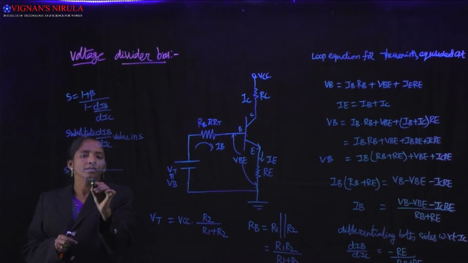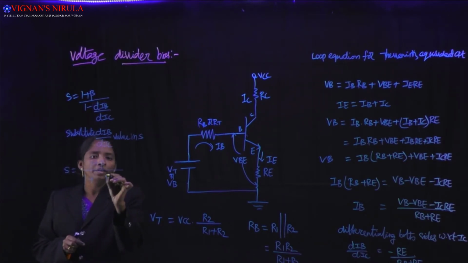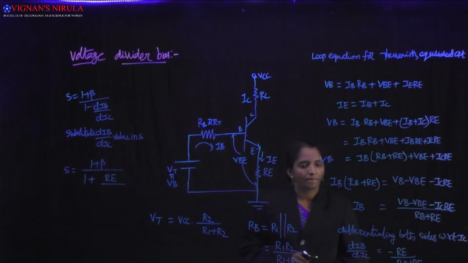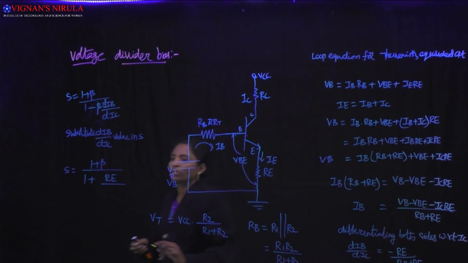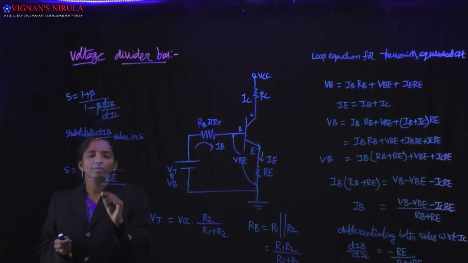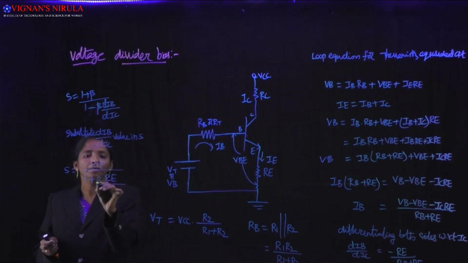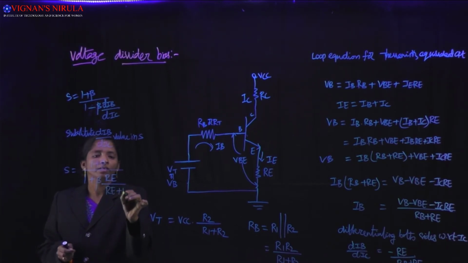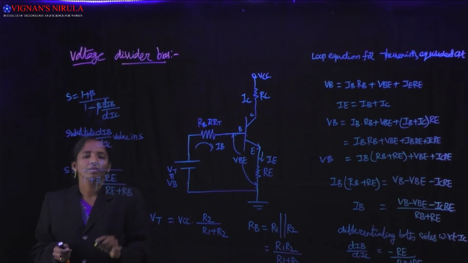1 plus beta into RE divided by RE plus RB.